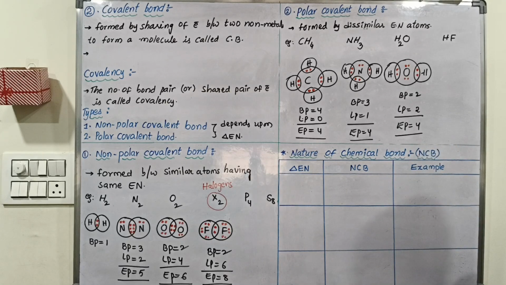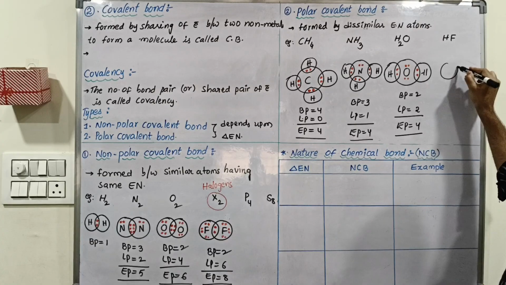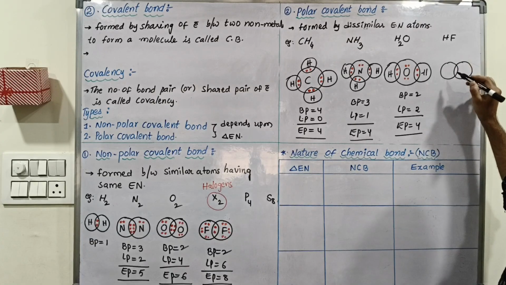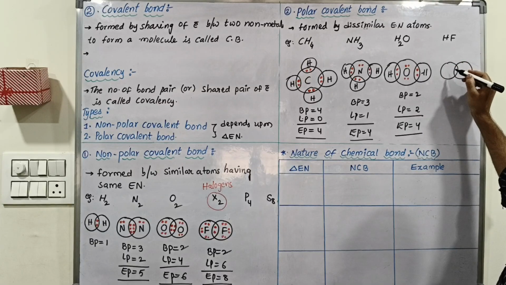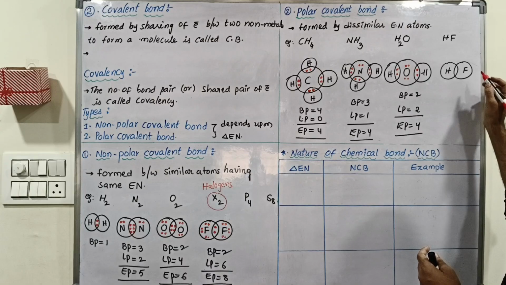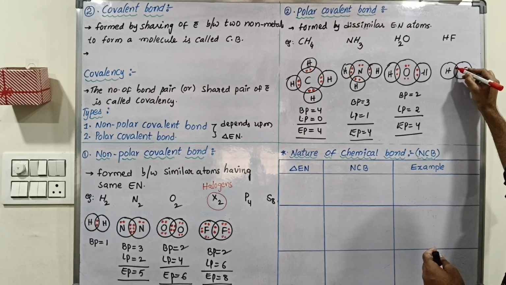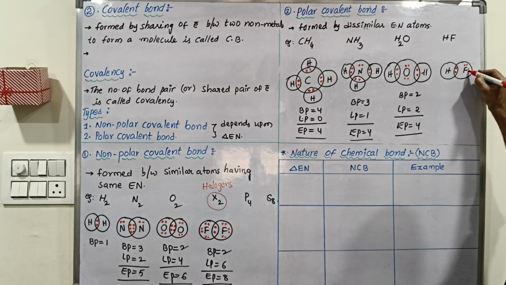Next come to HF, hydrogen fluoride. In this, hydrogen and fluorine both are sharing their electrons. Here hydrogen, here fluorine. Both have the same number of unpaired electrons, so hydrogen will give 1 and fluorine also will give 1. But at fluorine 3 lone pairs are there: 1, 2, 3.